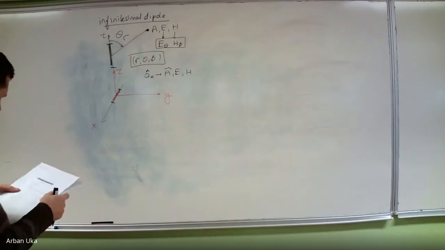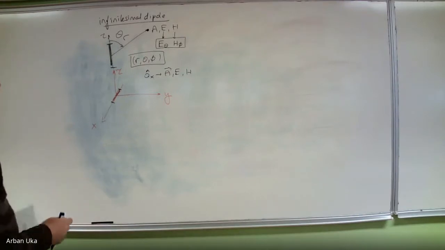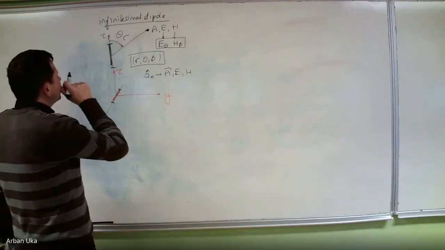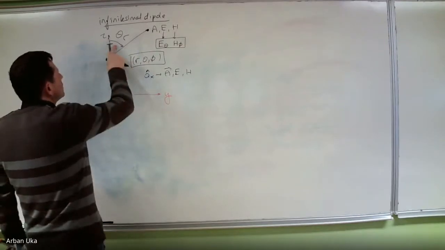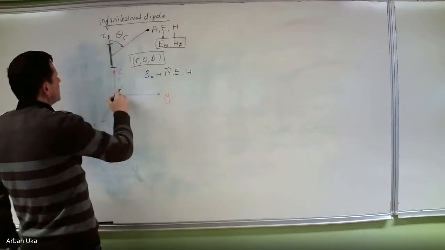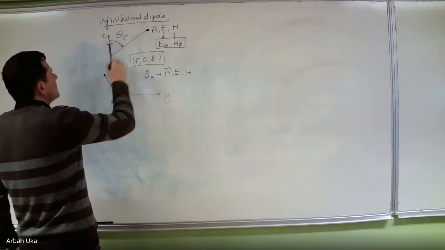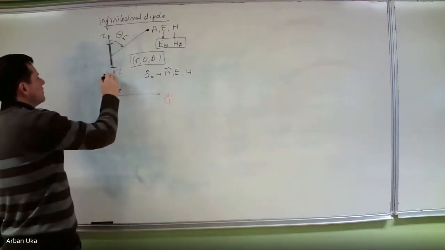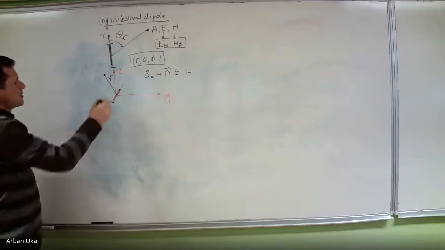Similarly to this orientation, let's say that this distance r is the distance from the 0, 0 point again.